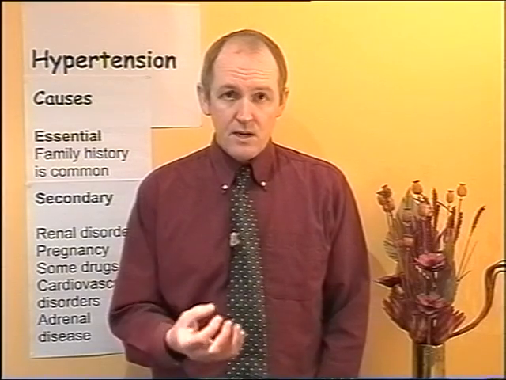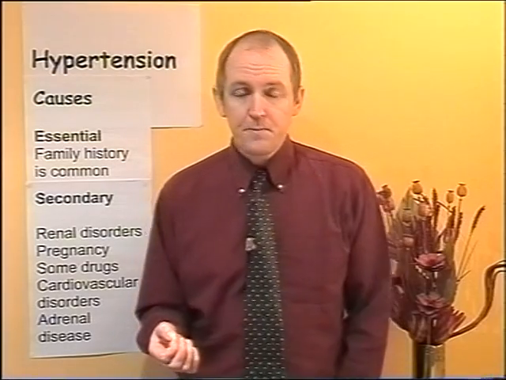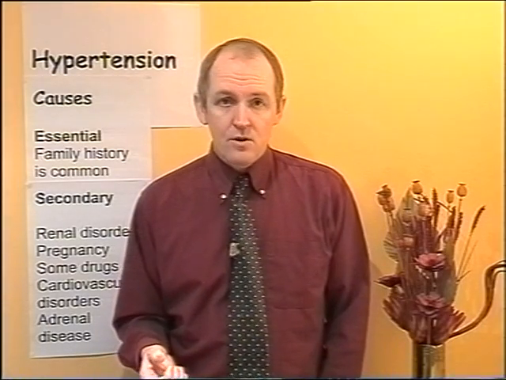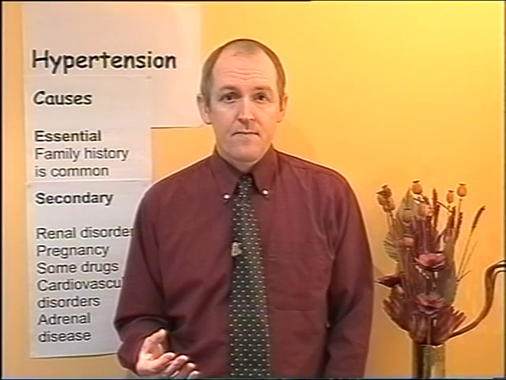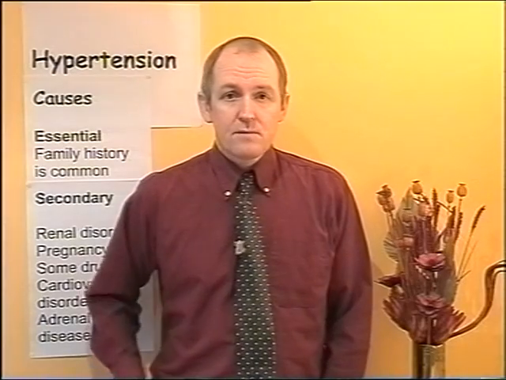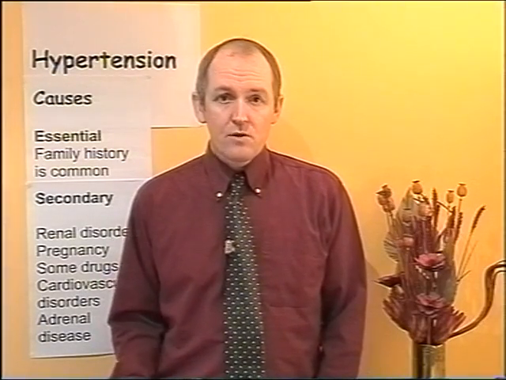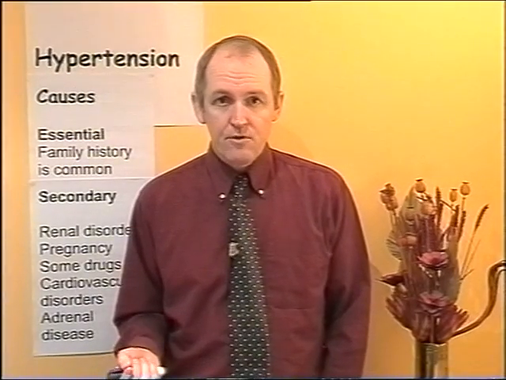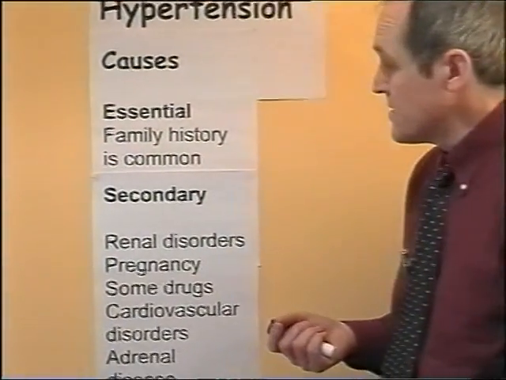Remember the adrenal medulla, producing adrenaline and noradrenaline, both of which will increase blood pressure, and the adrenal cortex producing steroid type hormones, corticosterone, which again can increase blood pressure. So the essential primary form, we don't know the cause. The secondary form, several possible causes which can be identified.